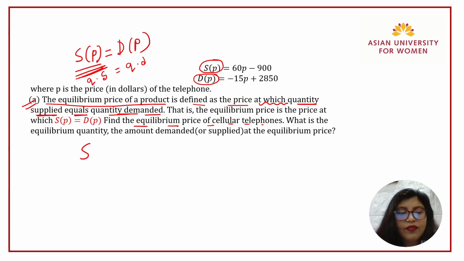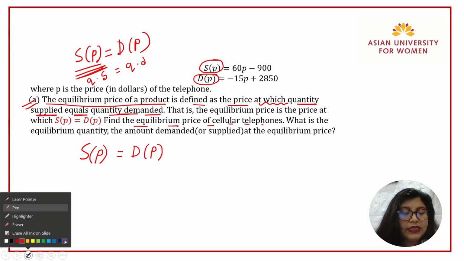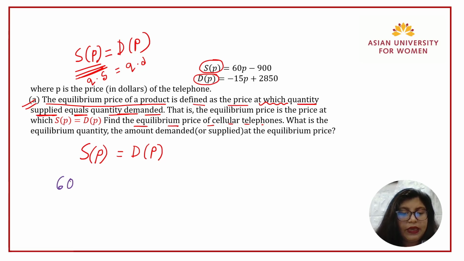In order to answer this question, we know that at equilibrium price, the quantity supplied is equal to the quantity demanded. So the quantity supplied function, 60p minus 900, becomes equal to minus 15p plus 2850, right?